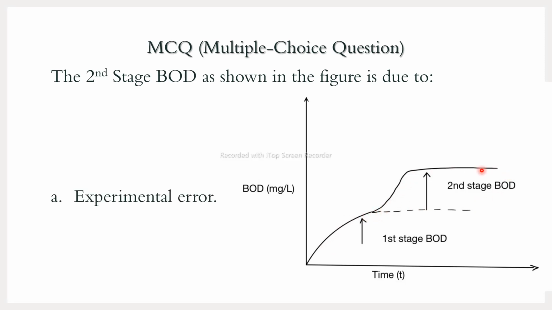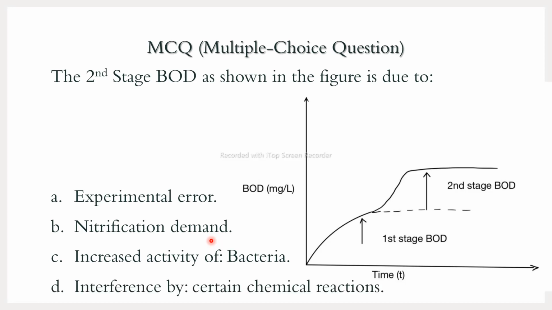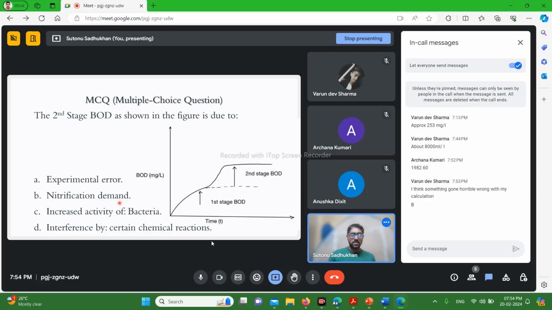Option A is due to the experimental error, B the nitrification demand, C the increased activity of bacteria, and option D is interference by certain chemical reactions. So please type your answer in the chat.